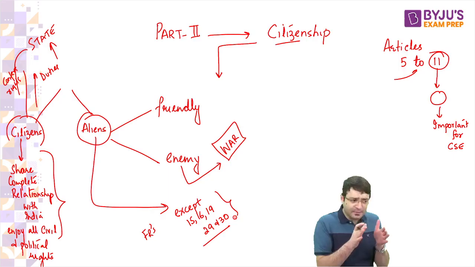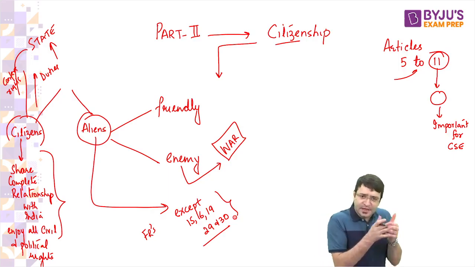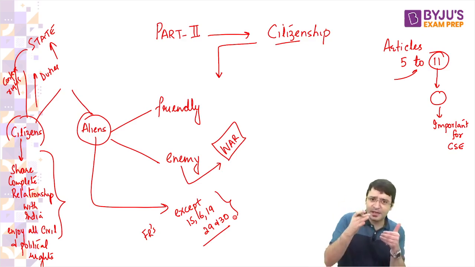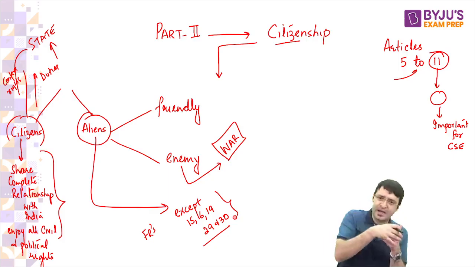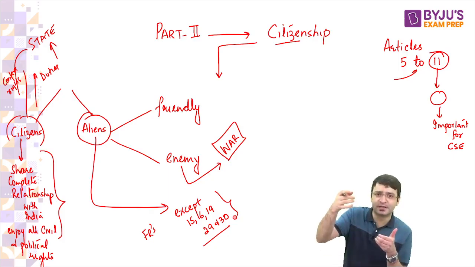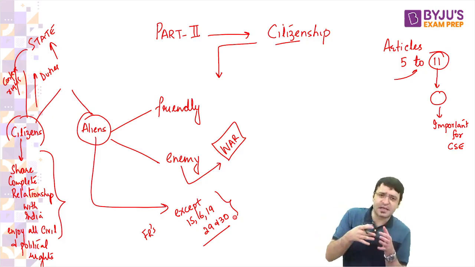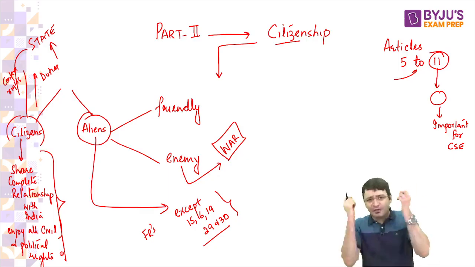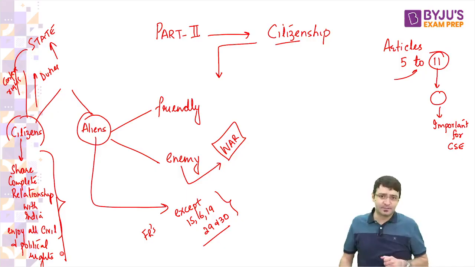But briefly here, citizens share a relationship with the state. It's a symbiotic relationship where the state is conferring rights on the citizens. Citizens in turn have duties towards the state. And these citizens are given all civil and political rights. That means all fundamental rights are available to citizens.